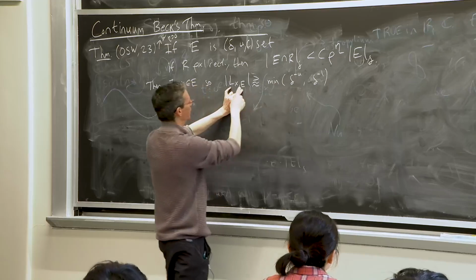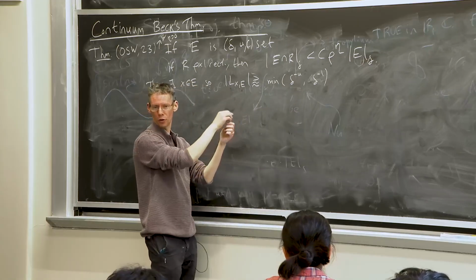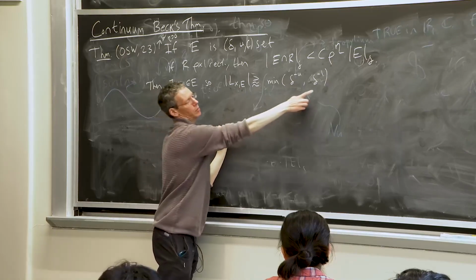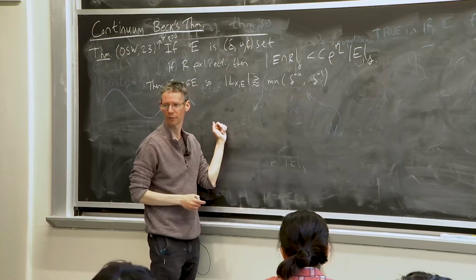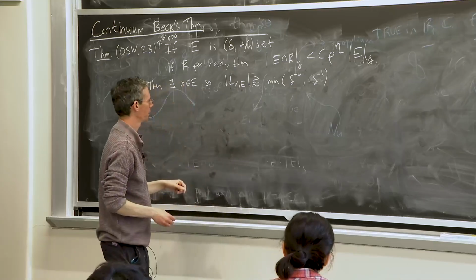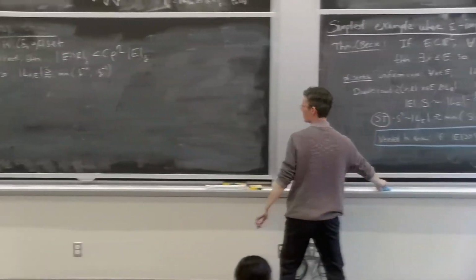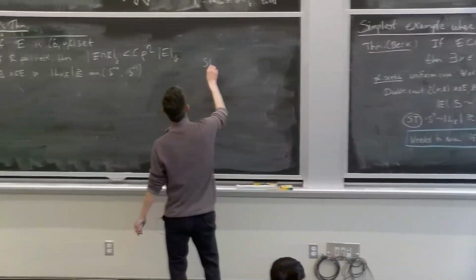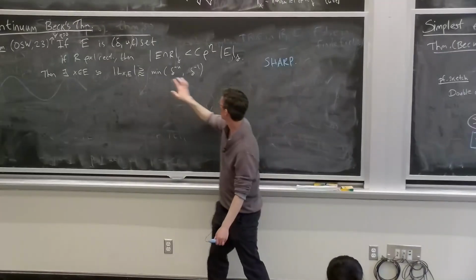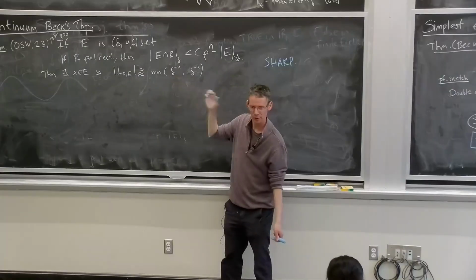On the other hand, if L_x E consisted of all the delta tubes through x, there would only be delta inverse of them. So it couldn't possibly be bigger than this. Cool. So that's the statement of the theorem. And it is, again, sharp, because as we just explained, this couldn't possibly be bigger than this. And it also couldn't possibly be bigger than this.